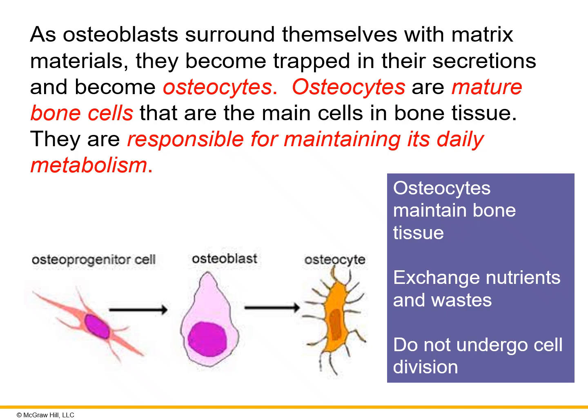They will exchange nutrients and waste, and these osteocytes will have projections on them so they can communicate with one another in order to maintain that bone tissue. And once again, these cells do not do mitosis, only those osteogenic cells.